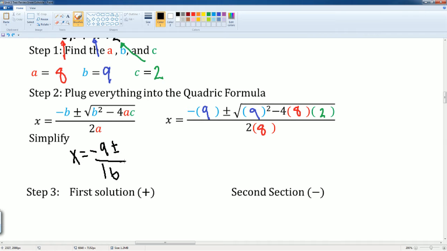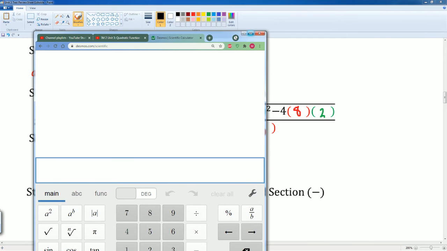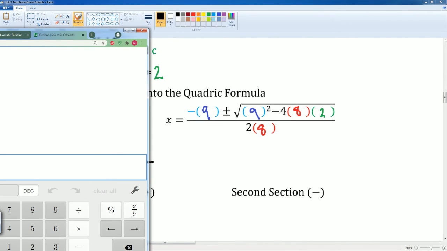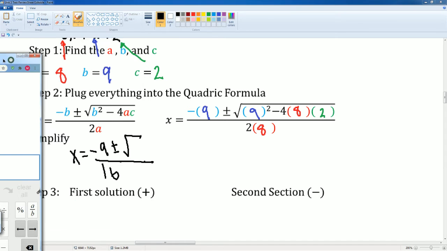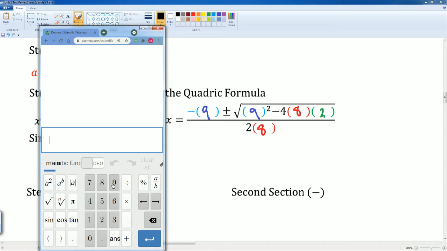I just need to know what's inside that radical. So radical, what is on the inside? To do that, we can just use Desmos to figure out what that is on the inside. Let's see here. It is 9 squared plus 4 times 8 times 2.